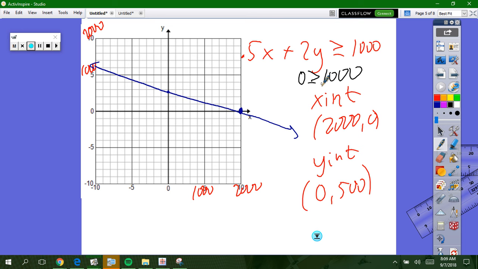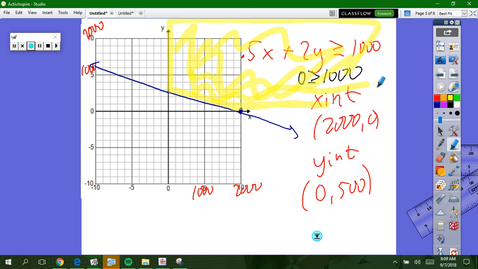But ladies and gentlemen, why am I really only shading that area? Notice I'm not going down here, and I'm not going over here. Can I explain why?